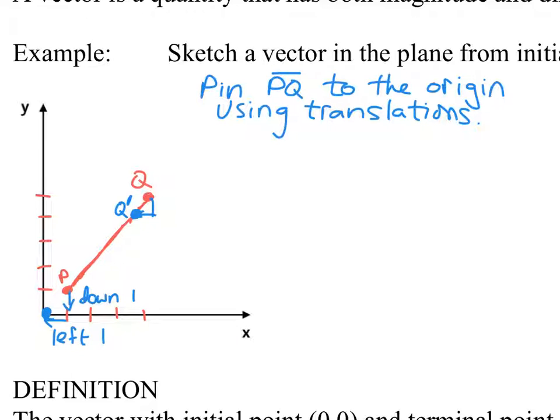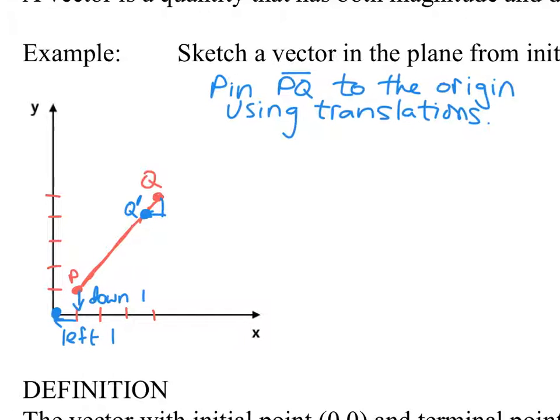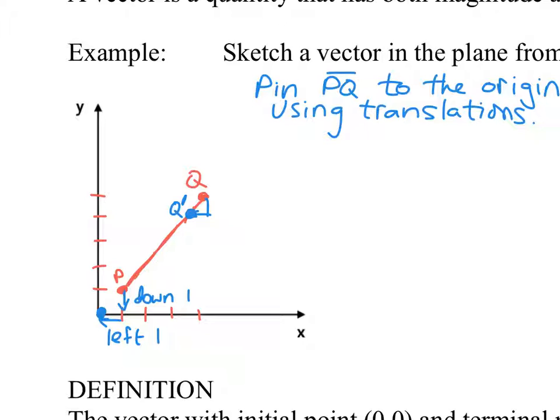P prime is now at the origin. The line segment connecting P and Q is the vector PQ, no matter where it is in space. That new line segment is the vector, always having its tail pinned at the origin.